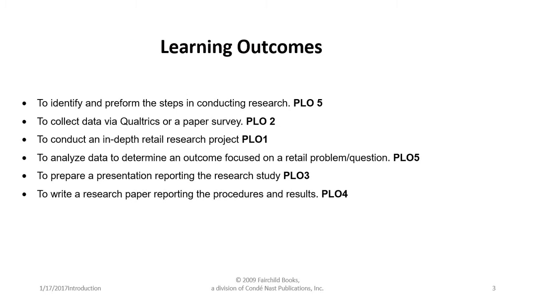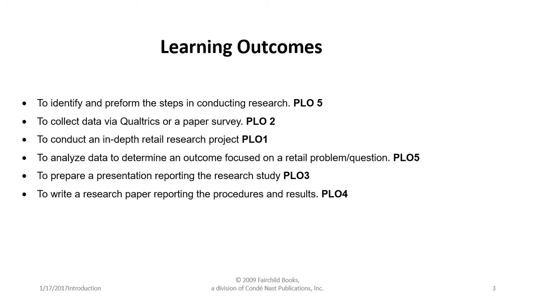Looking at our learning outcomes, in this course we're going to learn how to do undergraduate research, specifically looking at the retail industry. We're going to walk through what research is, then walk through the steps of actually completing a research project. You're going to pick your topic, research what other research has been done on it, and create a lit review.